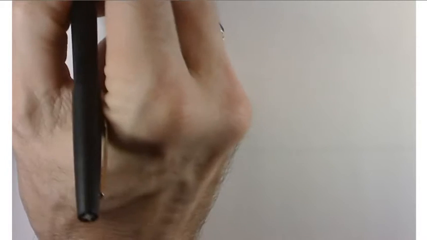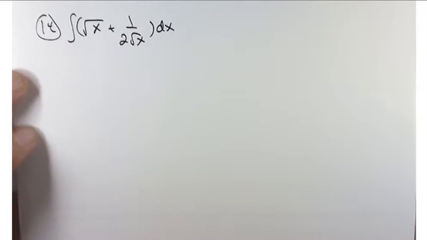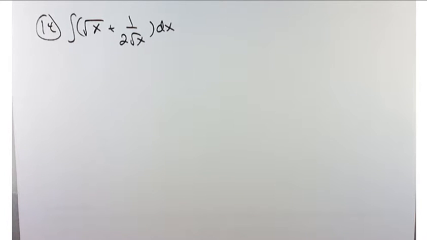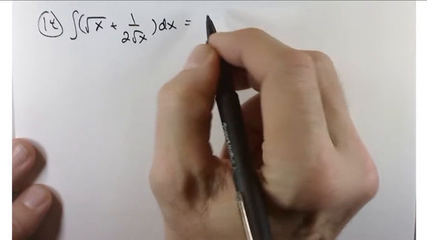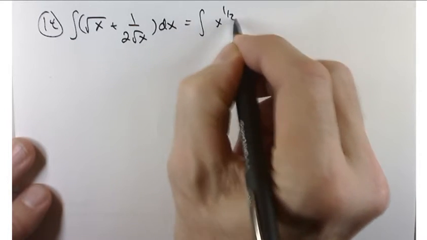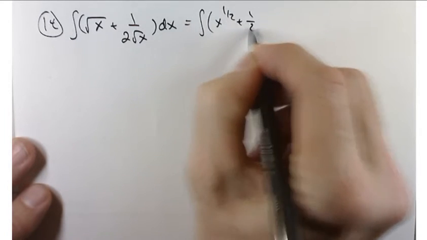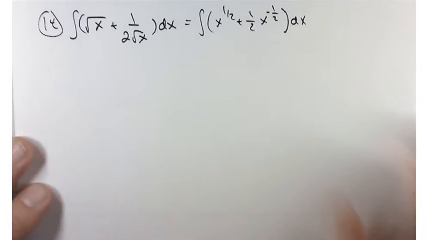The integral of square root of x plus 1 over the 2 square roots of x dx. Suggestions as to how to even start this one? Yeah, let's switch it to fractional exponents. So that's x to the 1/2 plus 1/2 x to the negative 1/2 dx.